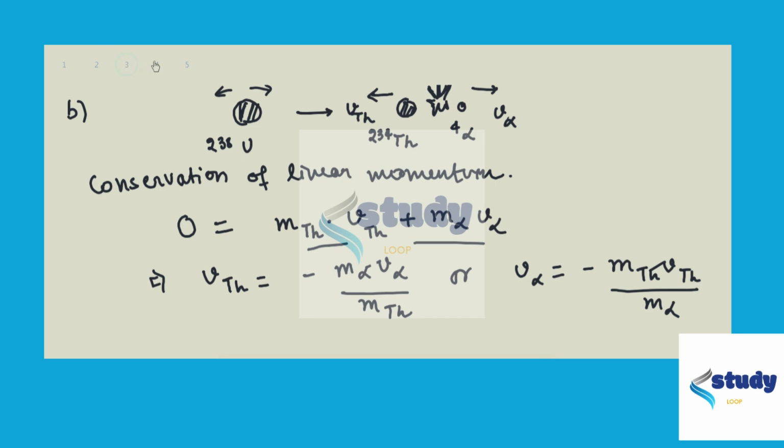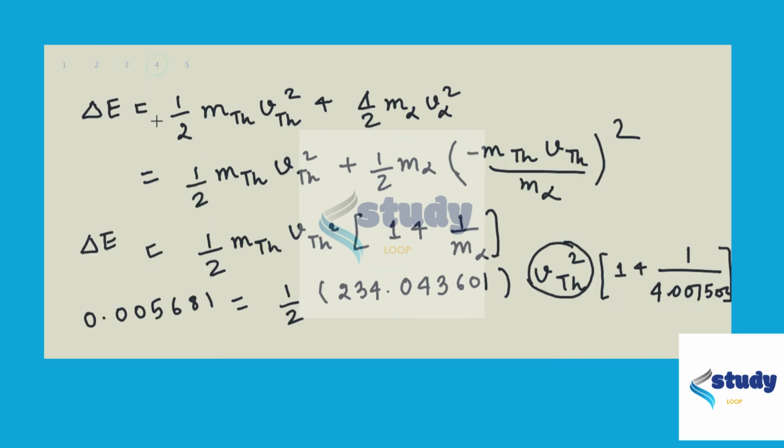Now, we write down the expression for the energy, and here we see there is no potential energy. All the energy that has been generated out of the reaction goes into the kinetic energy of the particles, and these are the formulas for the kinetic energy. We do assume that the speeds of the particles are much less than the speed of light, so that we can actually use this formula.